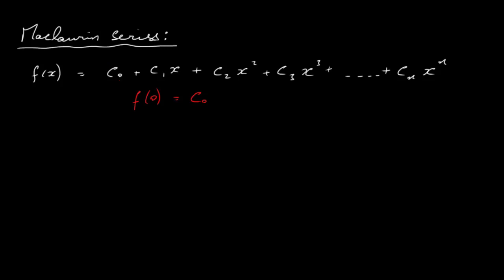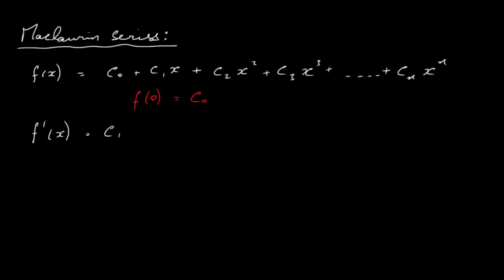Now let's have a look at differentiating. We're going to differentiate this function, so we're going to look at f prime of x. If we differentiate c0, we're just going to get 0, since we're differentiating a constant. If we differentiate the next term, we're just left with c1.